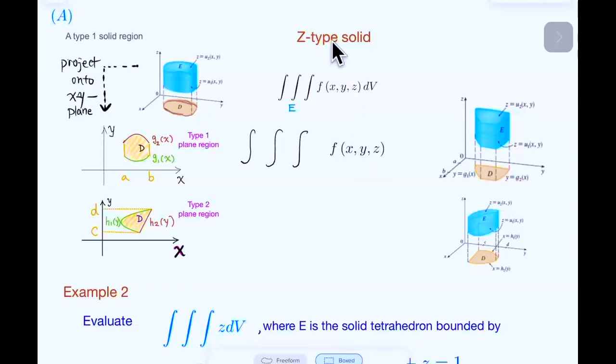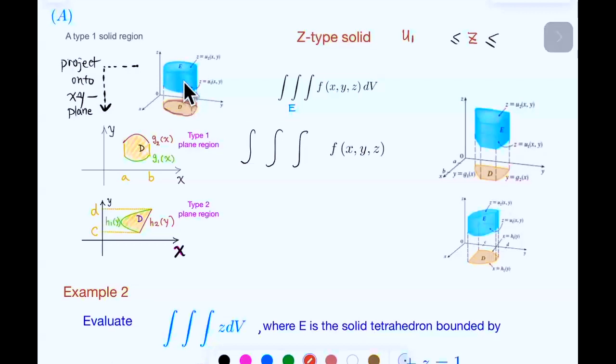If it's a Z-type solid, the solid is bounded by two surfaces. You see, the surface over here is actually this surface and this surface.